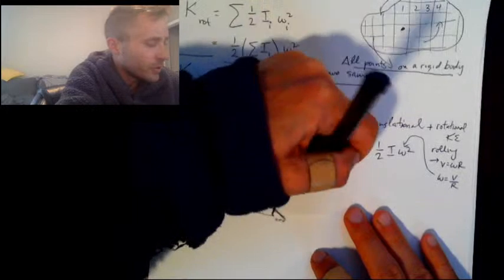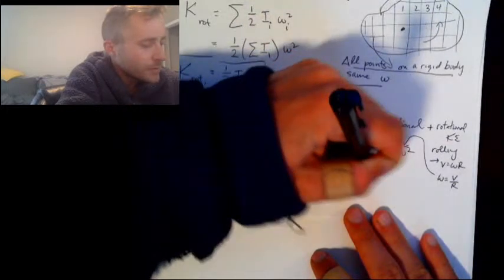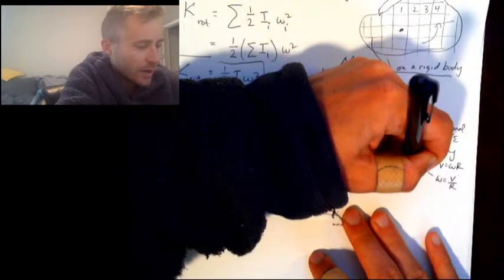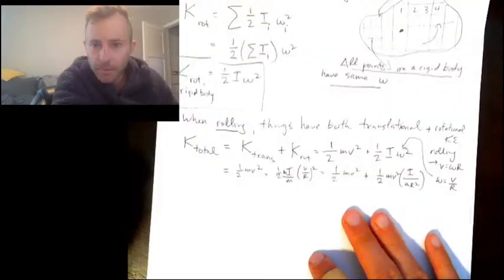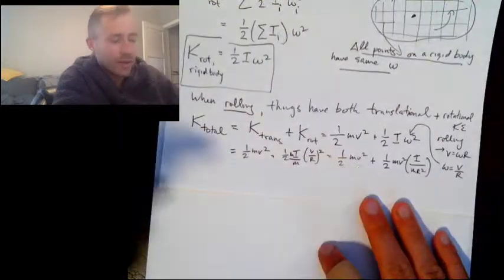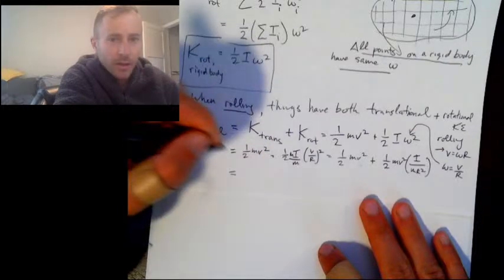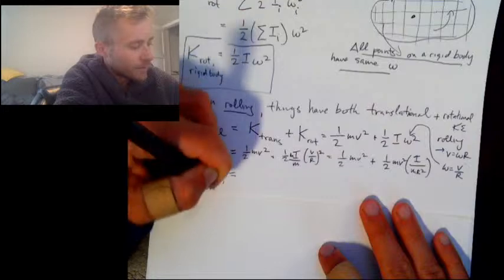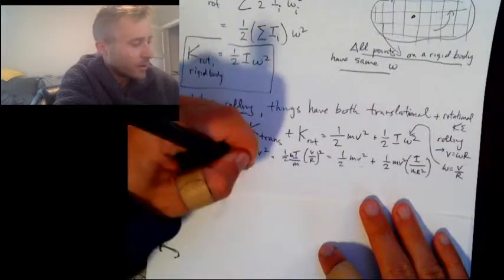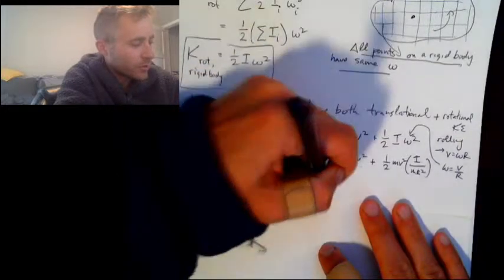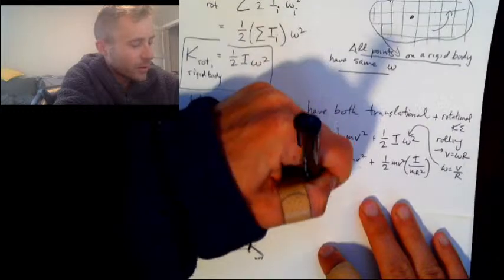So in this second term, I get 1/2 mv squared times the quantity I over mr squared. So now I notice that both terms have 1/2 mv squared, so I can collect them, and I get that the total kinetic energy when rolling is going to be 1/2 mv squared times the quantity 1 plus I over mr squared.